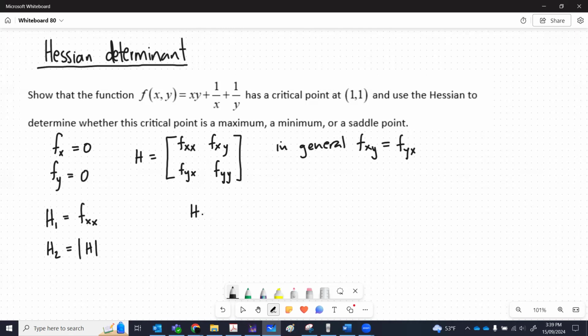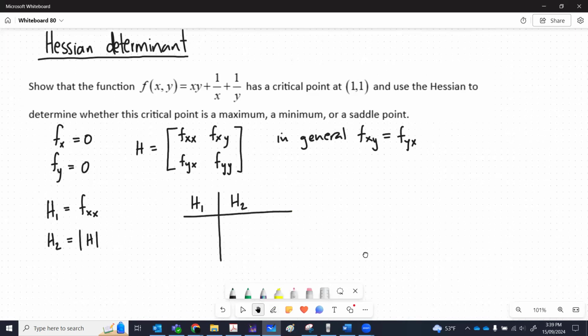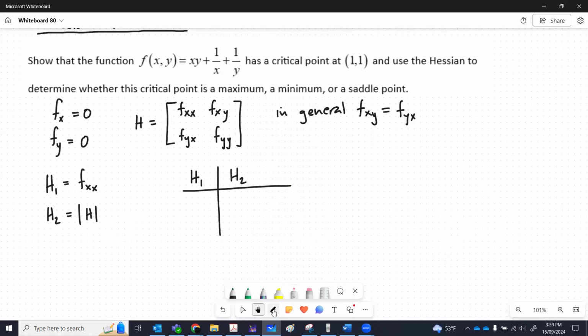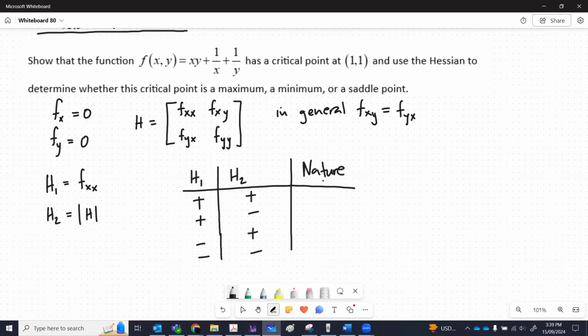And then we have a table to classify our critical point depending on what we have. Okay, so this may be positive, this may be negative, this may be positive, negative, positive, and negative. And here we can say the classification or the nature.